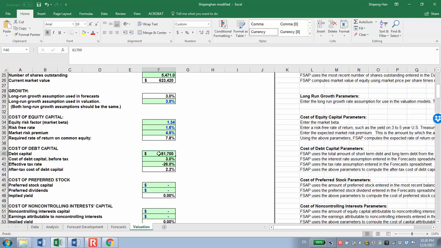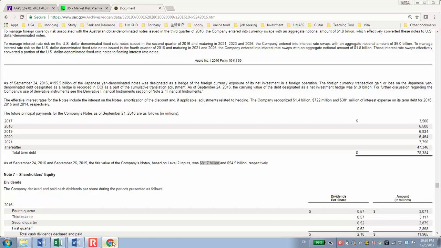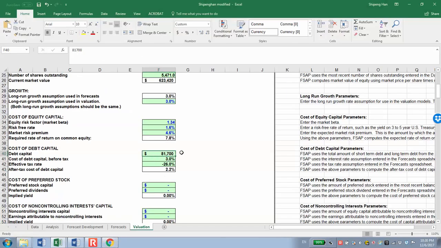81,700 represents 81.7 billion, because in this spreadsheet we use billion as a unit. That's the market value of the total debt.